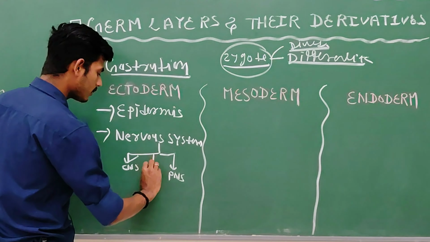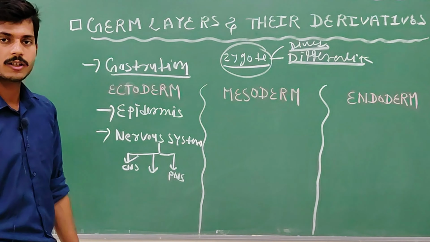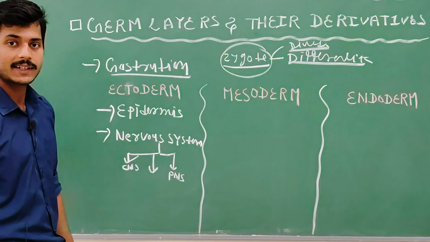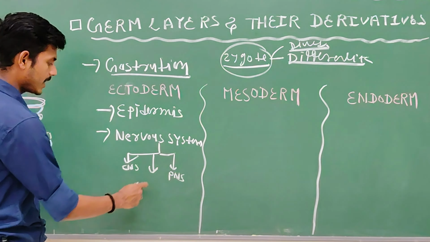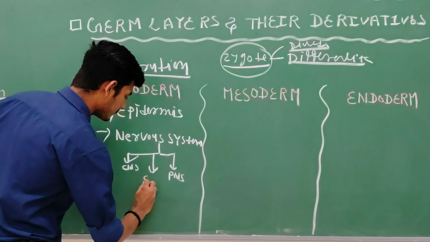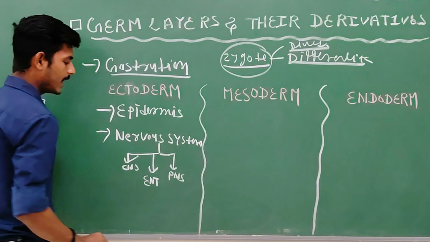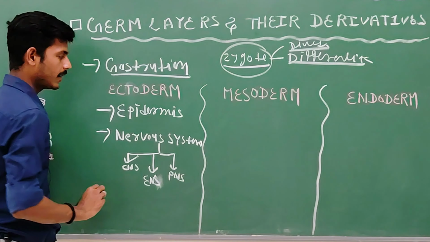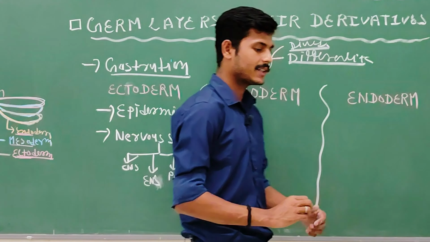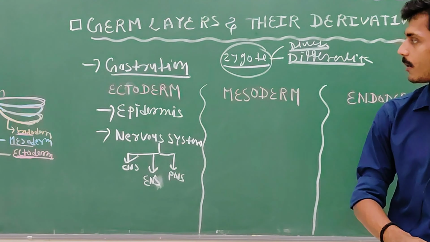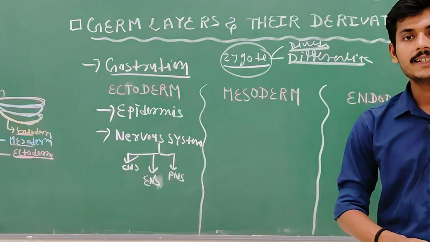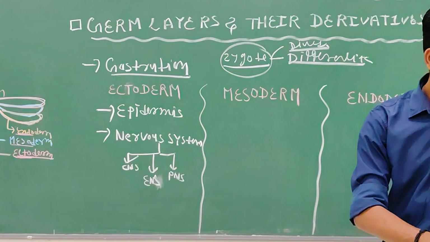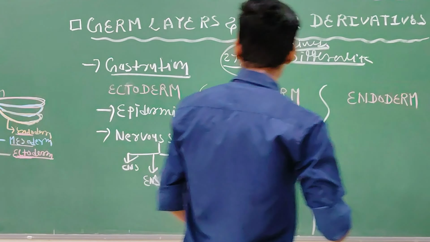And there is one more unique type of nervous system which serves in aiding digestion, called the enteric nervous system. So once again, the derivatives of the ectoderm are the epidermis and the nervous system.